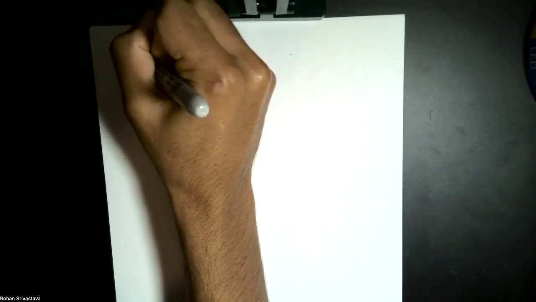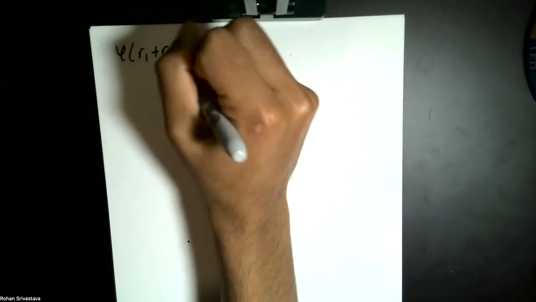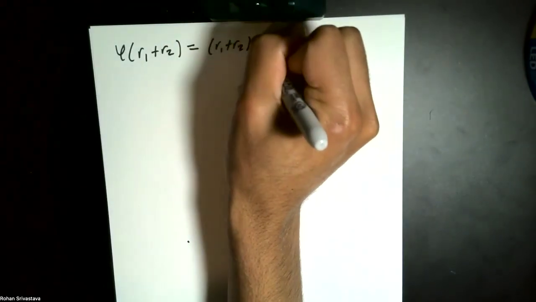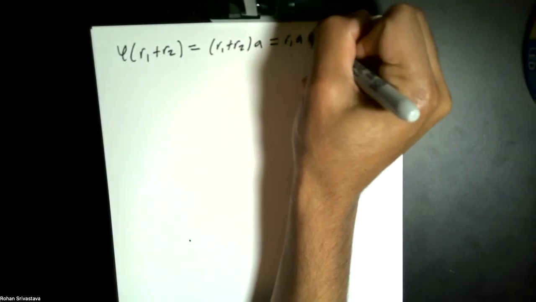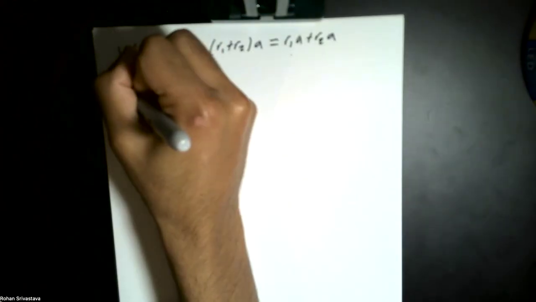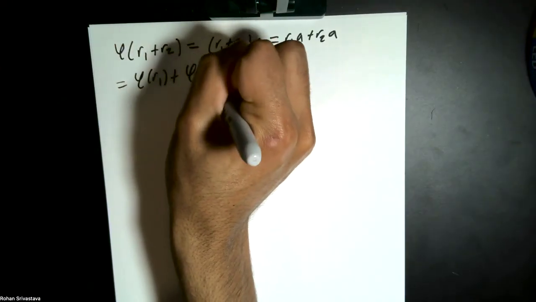Let's check that it's an R module homomorphism. If we have two elements R1 and R2 in R, then phi of R1 plus R2 is R1 plus R2 times A, which is R1A plus R2A. Everything's living in the ring, so we can use the distributive law, and that is phi of R1 plus phi of R2.